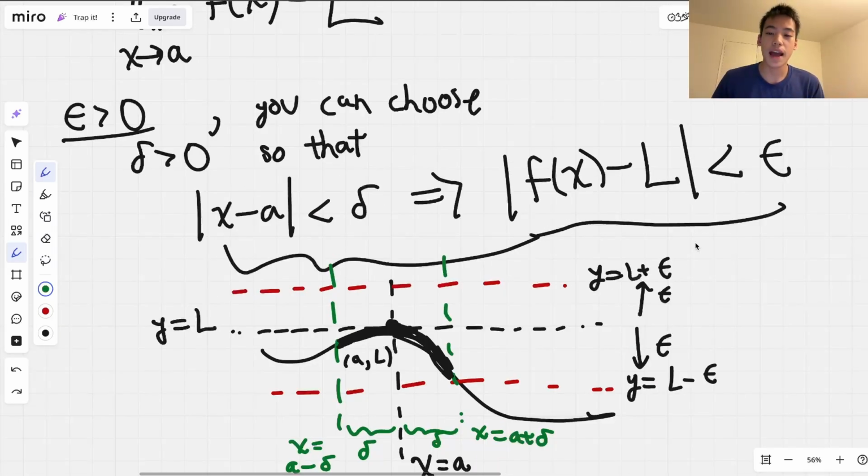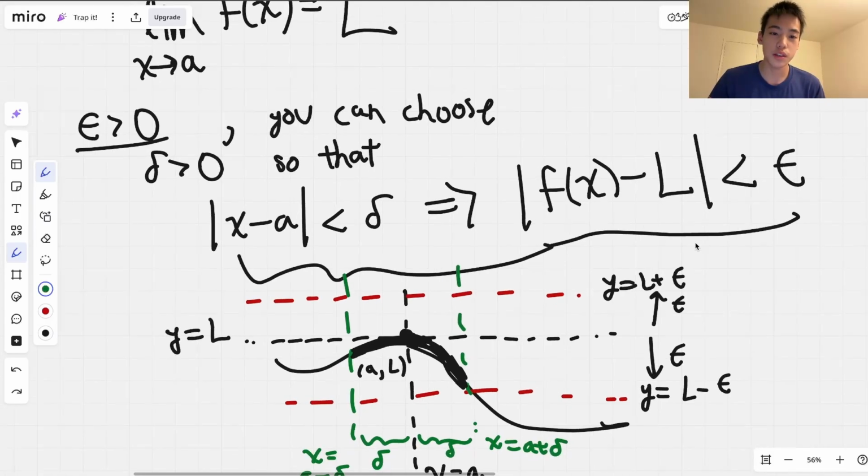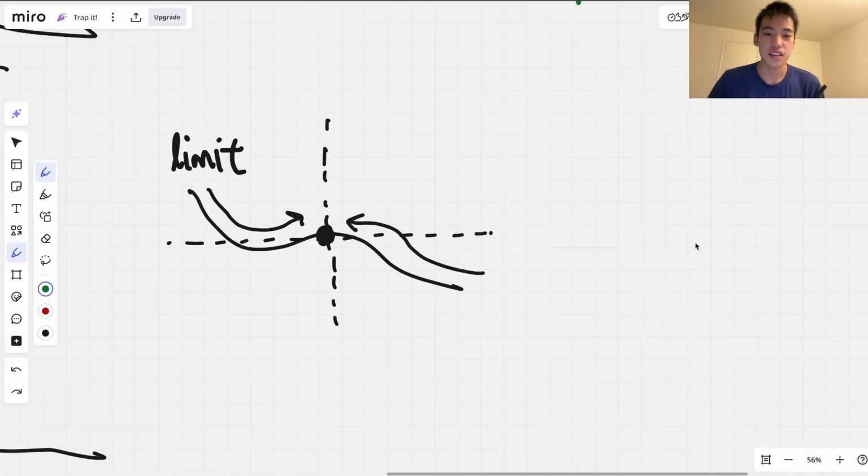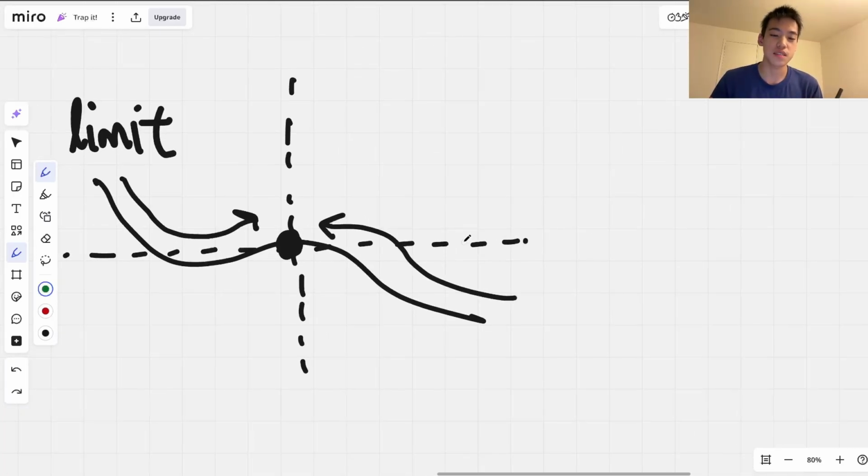So you may be asking, why is this useful in any way? Why do we really need this definition when we can just say that a limit is approximately the value that a function approaches as you approach a vertical line from the left and from the right?